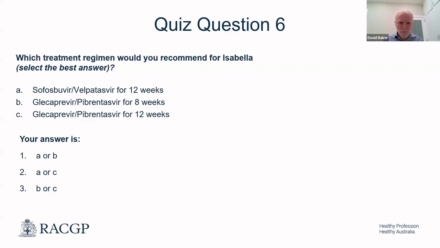It's A and B that are correct. Glecaprevir-pibrentasvir for 12 weeks wouldn't be used, as it's only an 8-week course. So it's A and B. Next slide, thanks.